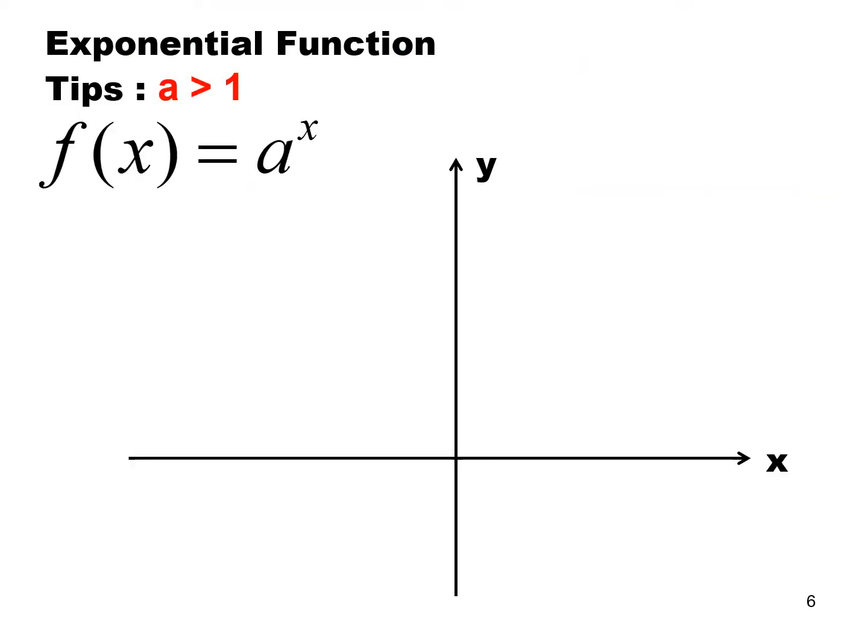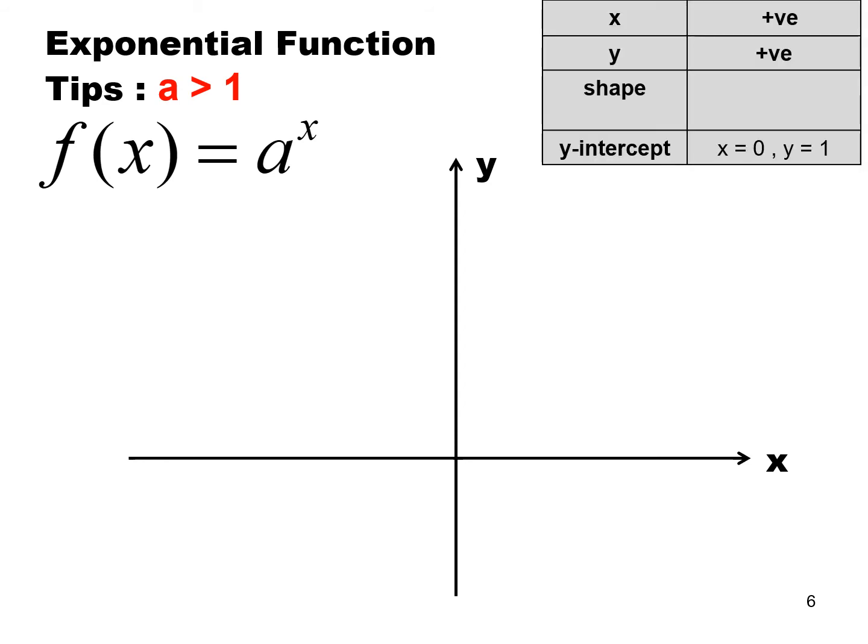Now we try to sketch an exponential function with a greater than 1. Let's say you have f(x) equal to a to the power of x, where a is greater than 1. The first thing we must do is determine the sign of x, the sign of y, the shape, and the y-intercept.